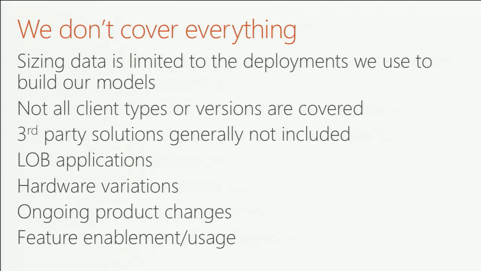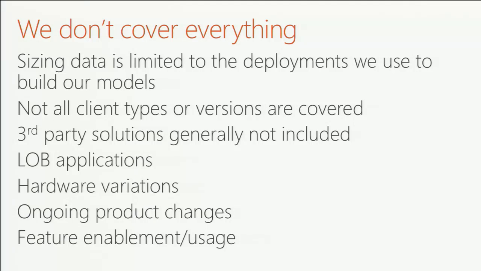Line of business applications are another example that comes into play here. I got a question in the CAS Unplugged session this morning. My company has an application that uses EWS. How do I figure out how many CAS resources I need for that EWS application, or mailbox resources, or multi-role resources?